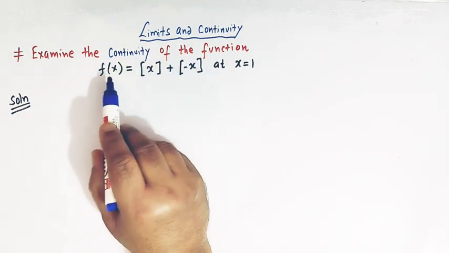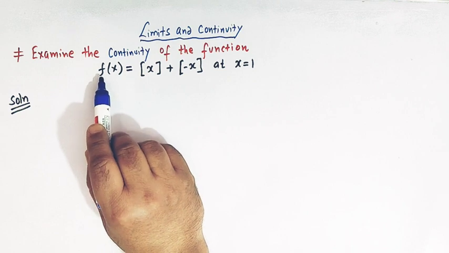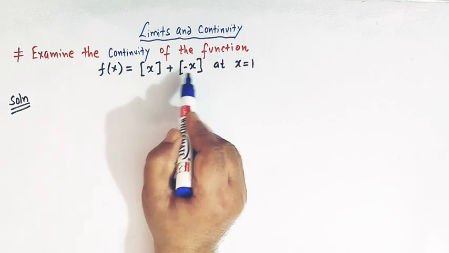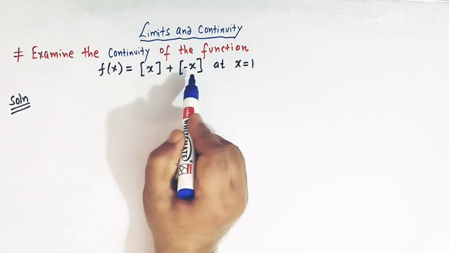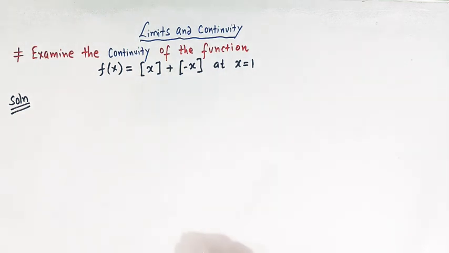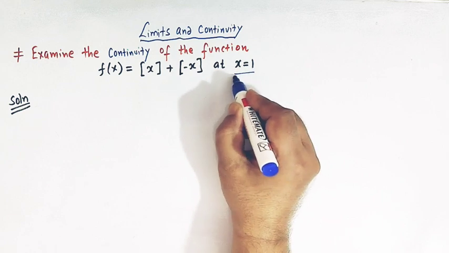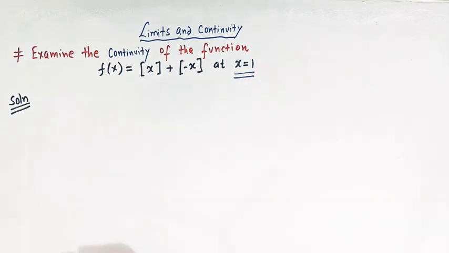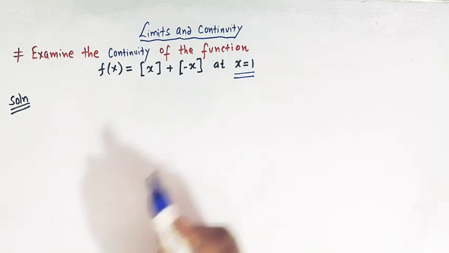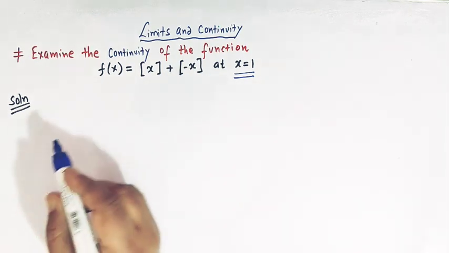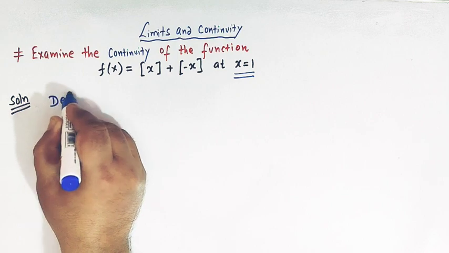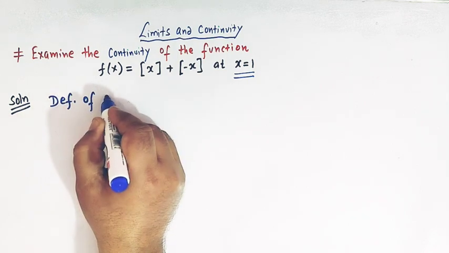Here the function f is given to be the sum of two functions involving the greatest integer function, and the point of consideration is x is equal to 1. To examine the continuity of the function, let us first take the definition of continuity.